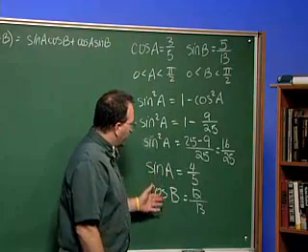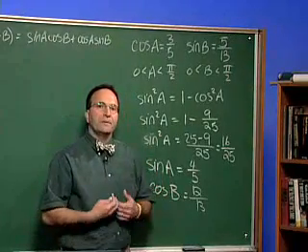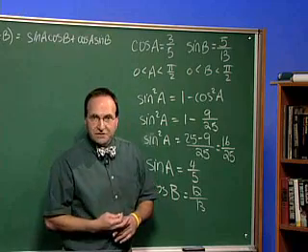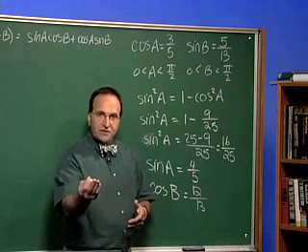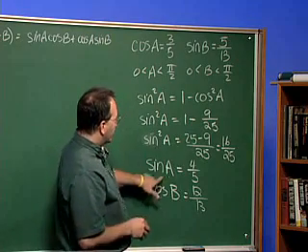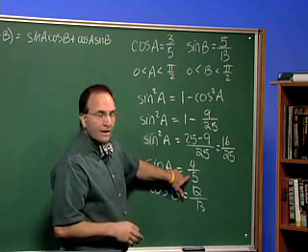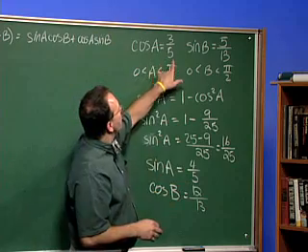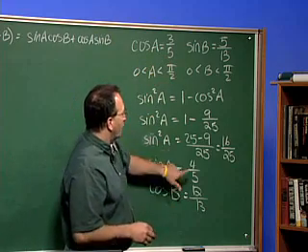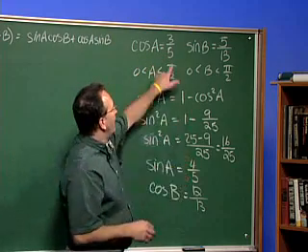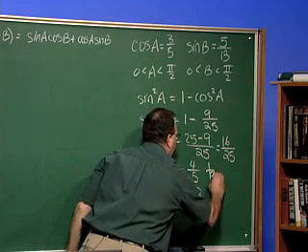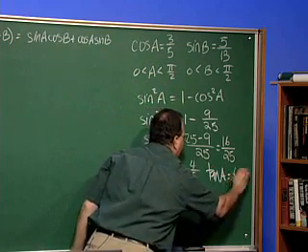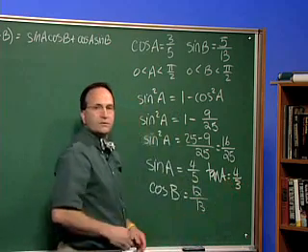Okay, now from each of these pieces of information, we can find the tangent of A and the tangent of B. The tangent of A would be the sine of A divided by the cosine of A. So 4/5 divided by 3/5, which means that the tangent of A is 4/3.